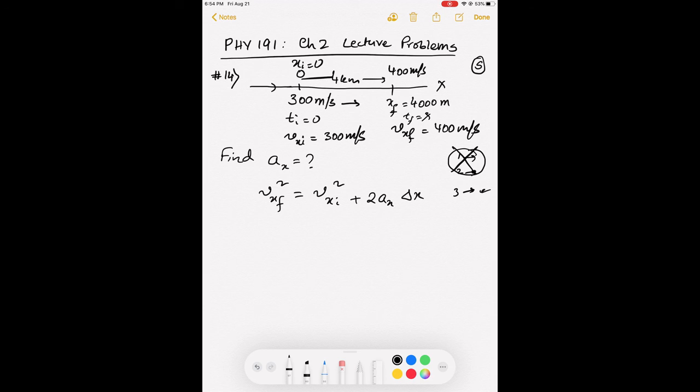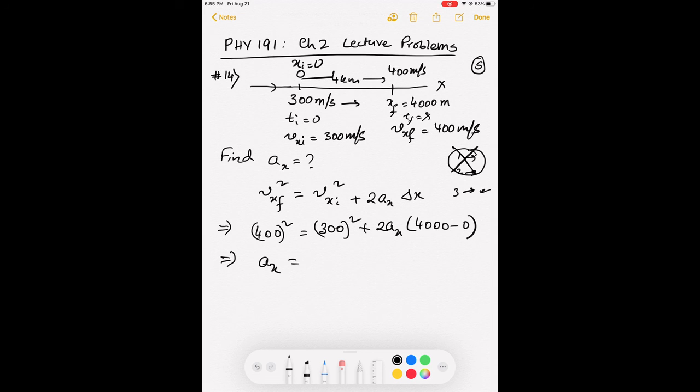So this would be vsf, vsi, and as delta s. But generally, the equation will be very similar. So this is 400. This is 300. This is 2ax. And this is also 4,000 minus 0, so 4,000 basically.